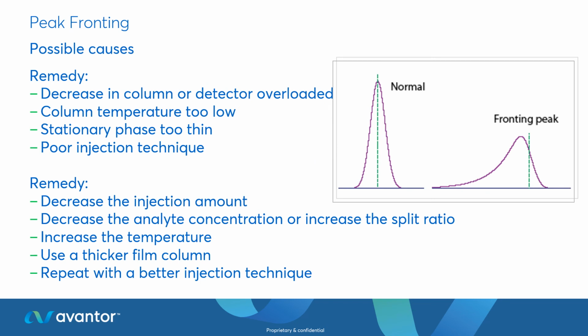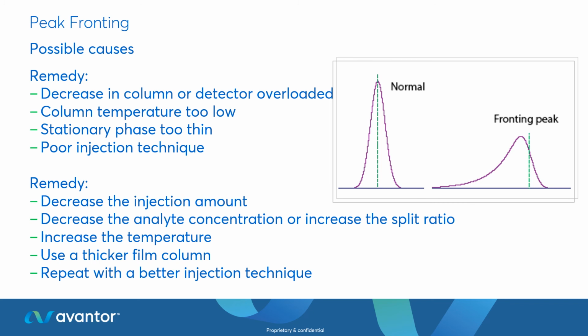Other factors that can occur are peak fronting, and here we can see a normal peak versus a fronted peak. If we see peak fronting, then the possible remedies are a decrease in the column or detector overloading, so that we've overloaded the column, so just reduce the sample amount. Perhaps the column temperature is too low.